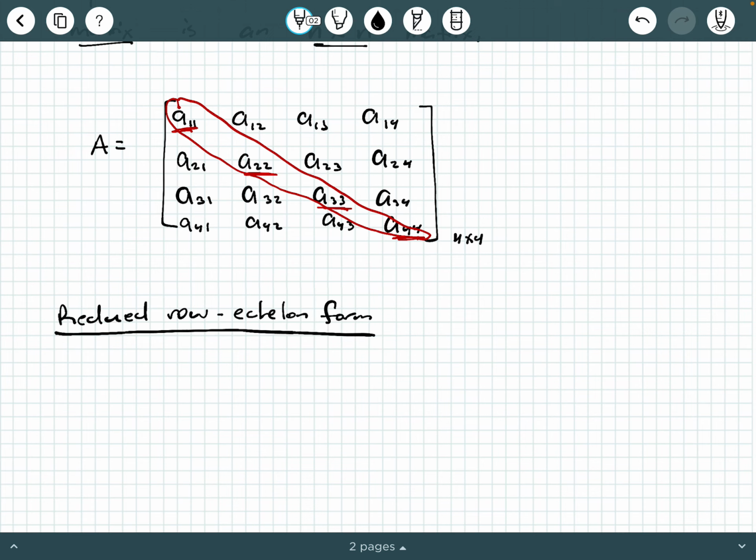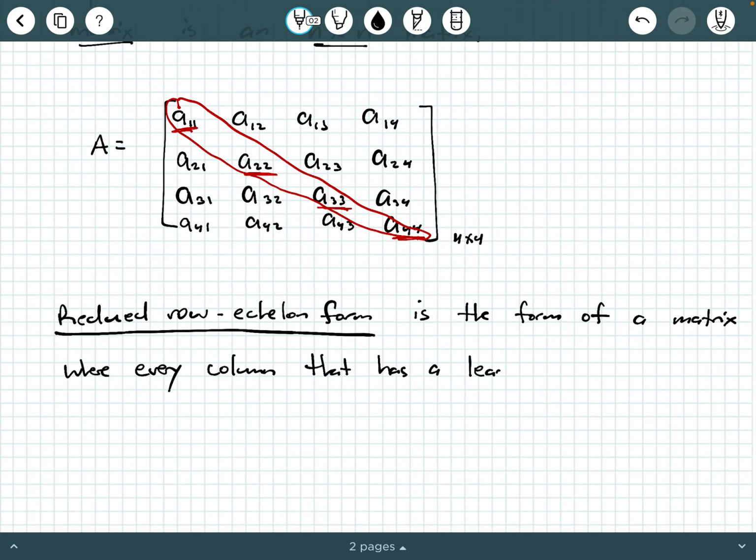Well, this reduced row echelon form is the form of a matrix where every column that has a leading value of 1 has zeros in every other position.